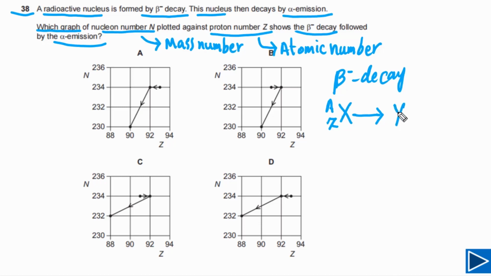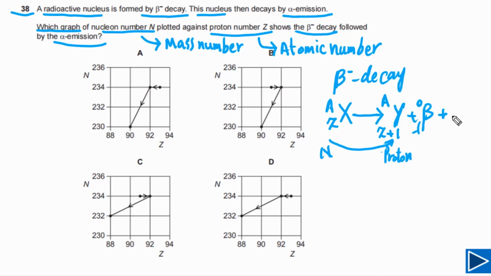Let's say the new nucleus formed is Y. In this case, proton number will increase by 1, but nucleon number, the mass number, will not change. Simply, one neutron changes into one proton, but mass number remains the same. So neutron decays into proton.